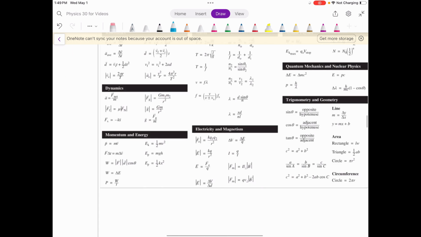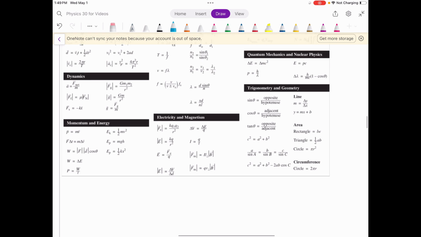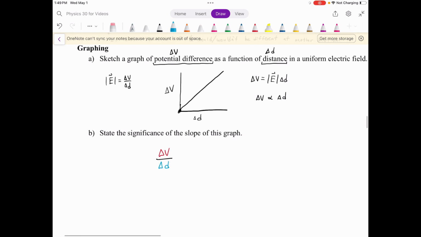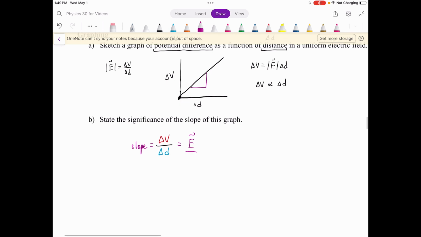And if unsure, we can always check our formula sheet. And sure enough, this would just represent the electric field. So our slope, rise over run, is just the voltage over the distance, which we know is the electric field. So the electric field would be the slope of this graph. If we found the slope of this thing, we'd be finding the electric field that our charge was in, or that at least we're thinking about a charge in for this situation.